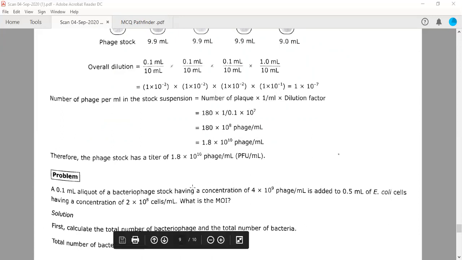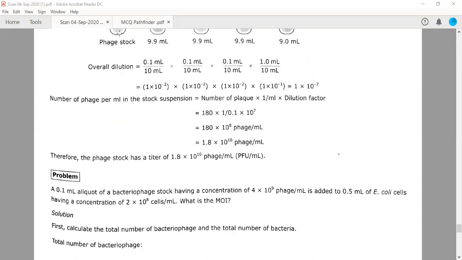So first of all, what will you do? You will count the number of viruses and the number of bacteria. How will you count? To count the number of viruses, because this is the number of phages per ml, and you are taking only 0.1 ml, you will divide this number by 10. So 4 into 10 to power 9, if you divide by 10, you will get 4 into 10 to power 8.